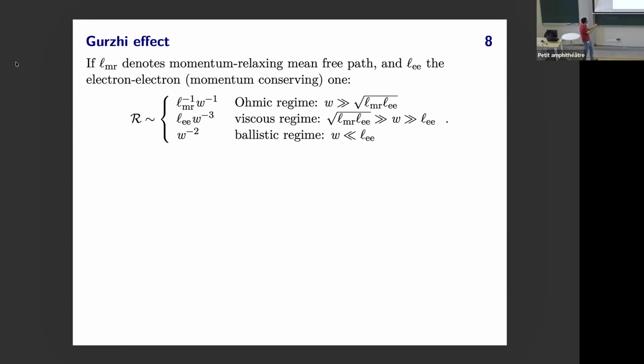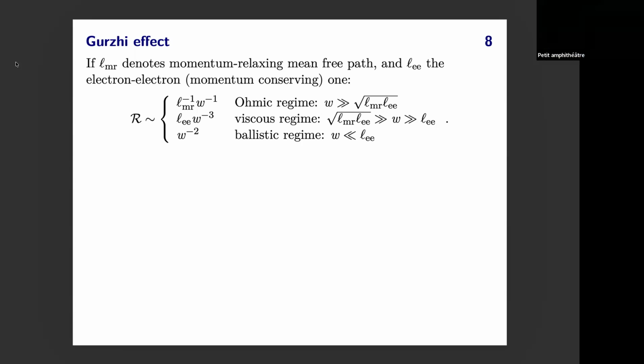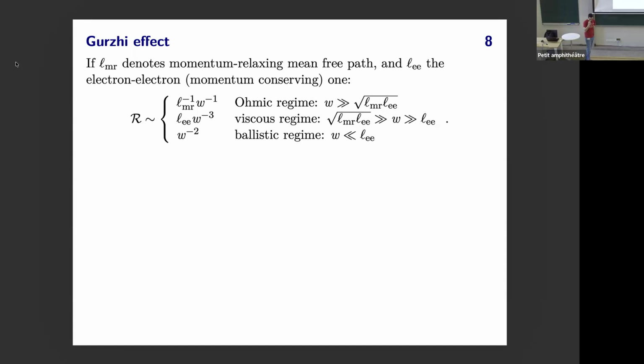If you happen to lie in this window, then the hydrodynamic equations predict this scaling, LEE times 1 over width cubed. The 1 over width cubed is coming essentially from the fact that there are 2 derivatives in the Navier-Stokes equation when you have viscosity, and so those 2 extra derivatives give you 2 extra powers of 1 over width.